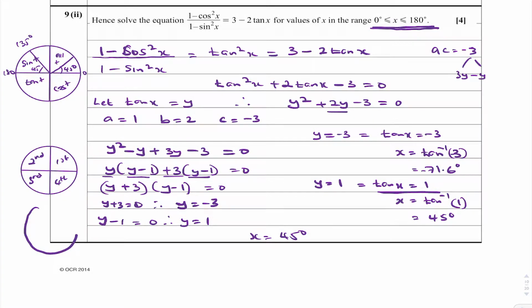So if I draw a circle for that one, so I get minus 71.6. Now here, and it has a reflection there. It has an extension that goes up that way.